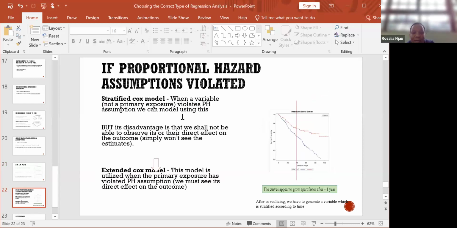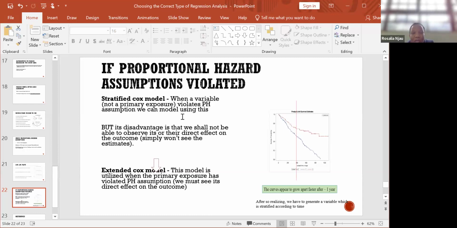But this isn't really reliable when that variable that has violated the assumption is your primary exposure.